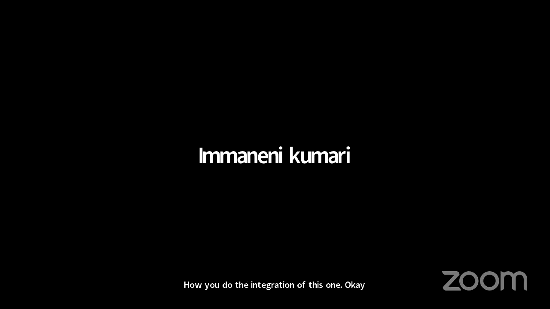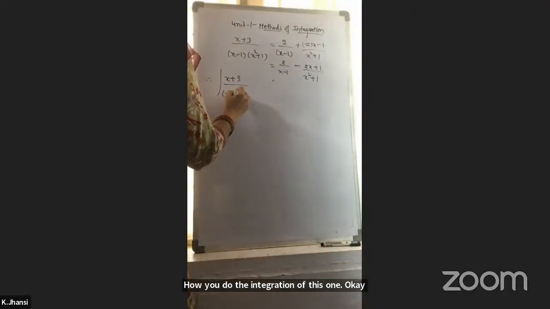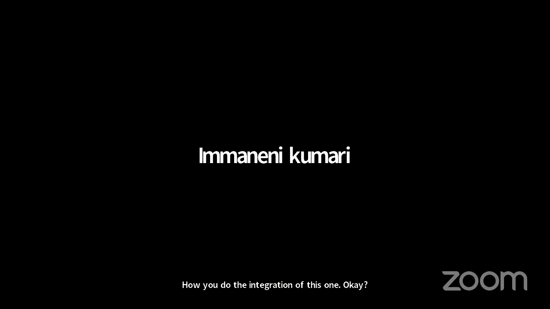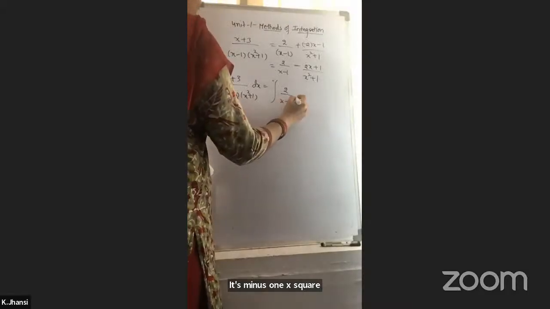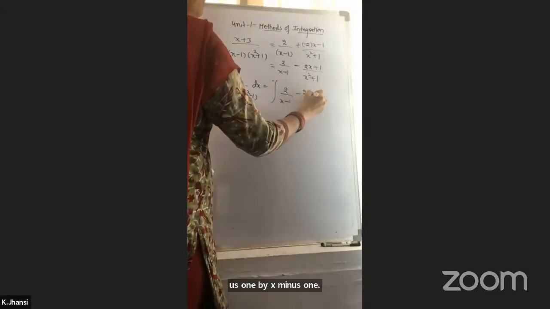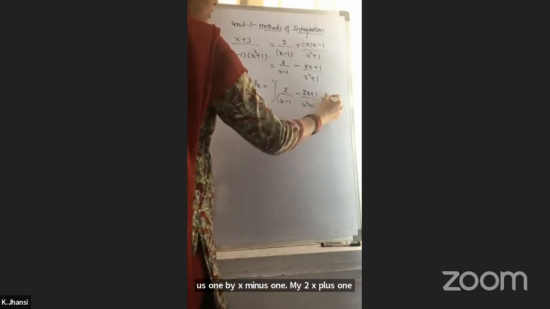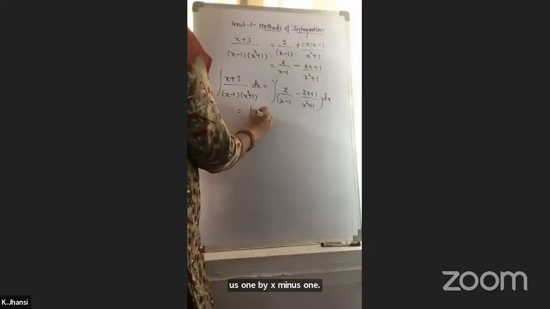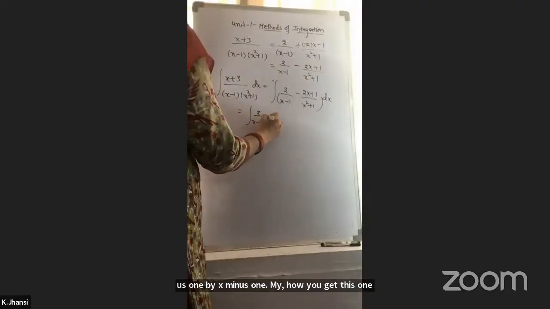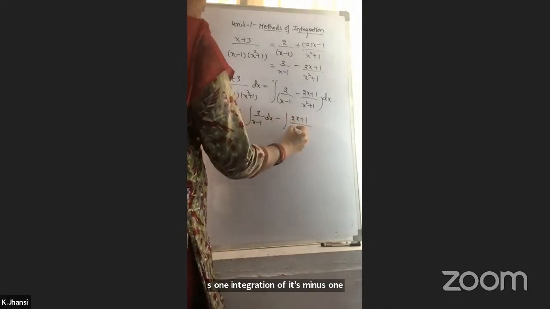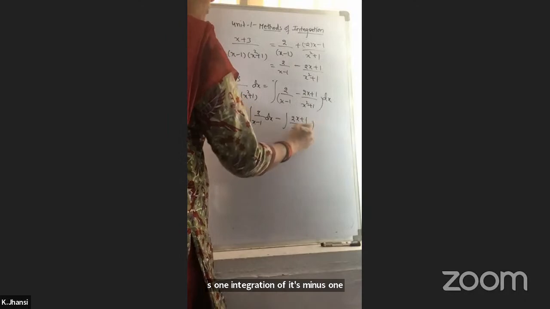Integration of x plus 3 by x minus 1 times x square plus 1 into dx is the integration of 2 by x minus 1 minus 2x plus 1 by x square plus 1. Okay. Now you can separate this one: integration of 2 by x minus 1 into dx minus integration of 2x plus 1 by x square plus 1 into dx.